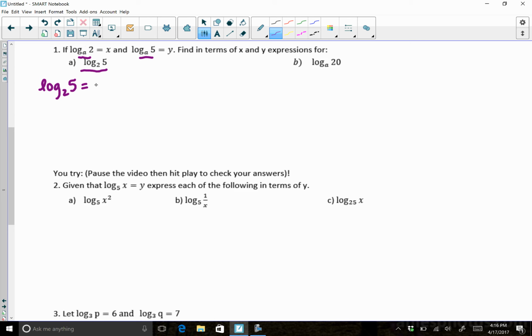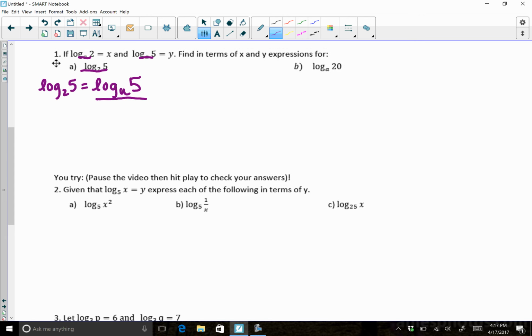So I'm going to change this to log base a, and I take this number 5 in the numerator over log base a, and my original base goes in the denominator.